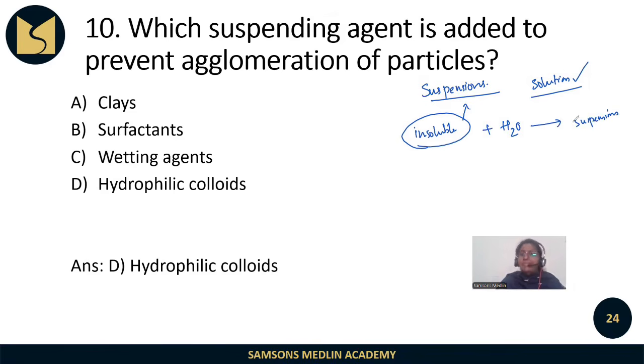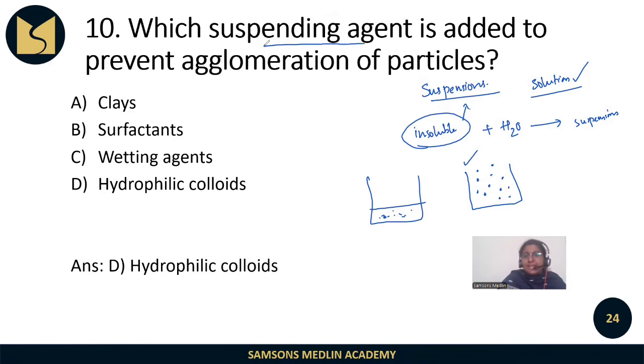Now, we cannot directly add this insoluble solid material into water and prepare a suspension, because what will happen? The insoluble particles will settle down after some time. So we have to make a uniform suspension where the insoluble solid particles are uniformly dispersed like this. For that we have to add a suspending agent. Different types of suspending agents are there.